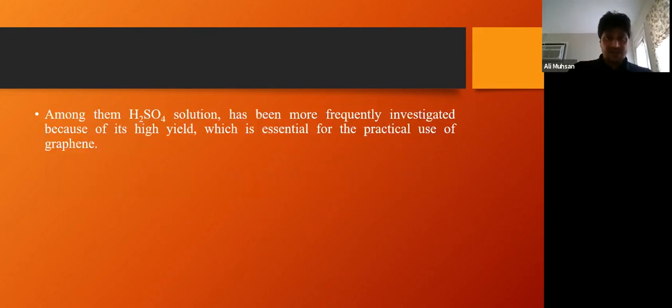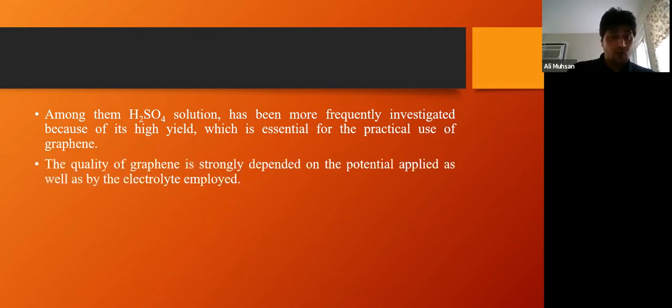Among them, sulfuric acid solution has been more frequently investigated because of its high yield, which is essential for the practical use of graphene. Quality of graphene is strongly dependent on the potential applied, as well as the electrolyte employed.